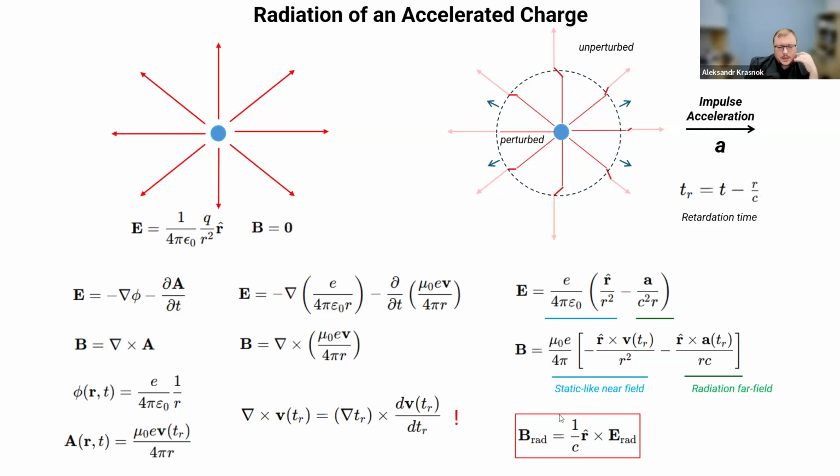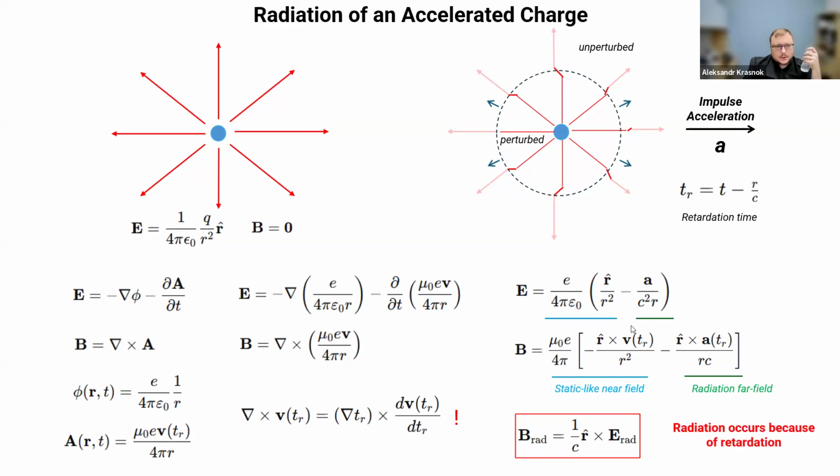Okay, they are mutually orthogonal, and they also are orthogonal to the direction to the point of interest. This r hat is the unit vector in the direction of the point of interest. So electric field and magnetic field are orthogonal in the far field, and they both are orthogonal to the propagation direction.